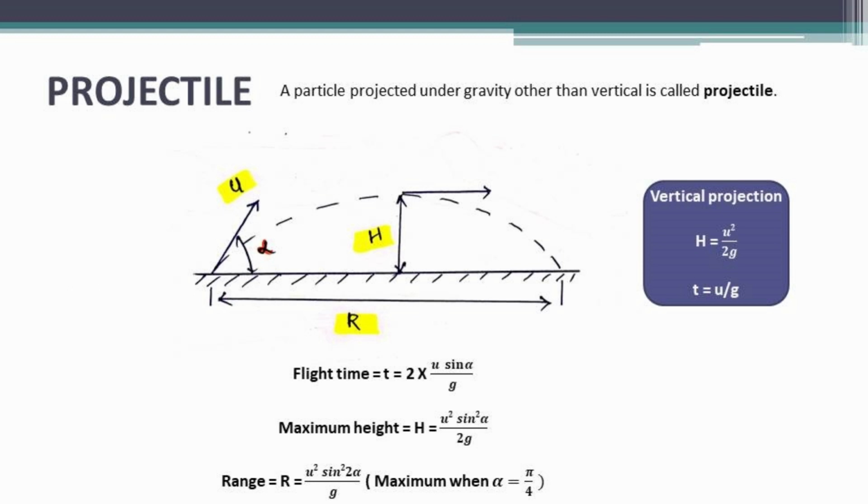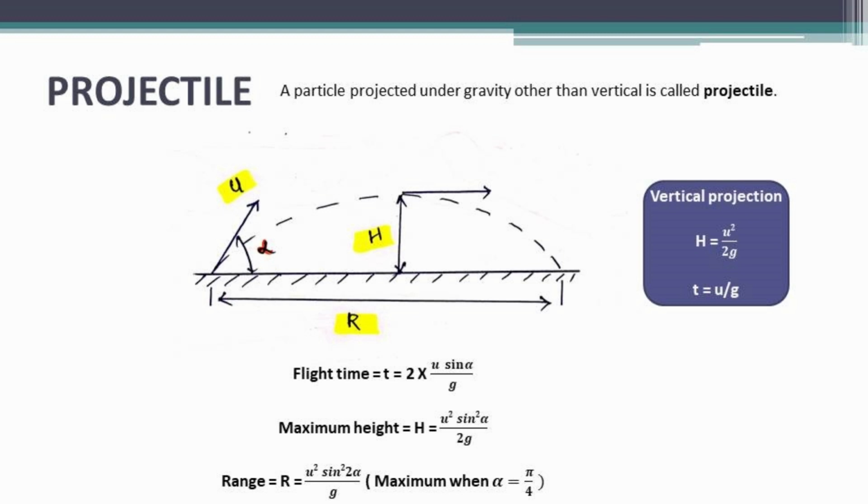But as far as the range is concerned, the distance along the trajectory that the projectile follows, the range is maximum for one particular angle, and that angle is 45 degrees or pi by 4.